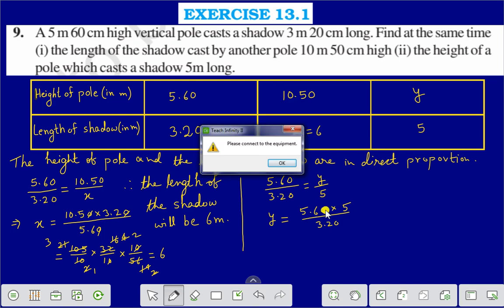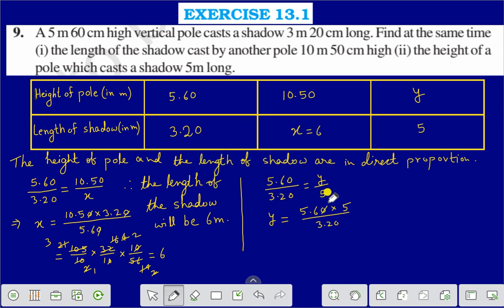This 0 will cut because after the point there is no value for that, right? Now we can change the decimals into fractions. That is 5.6 can be written as 56 by 10, into 5, and divided by 3.2, that means into 10 by 32. The 10 and 10 will cut, right?